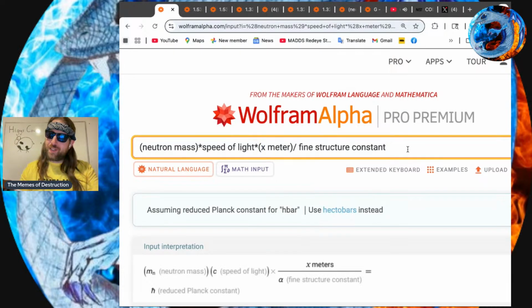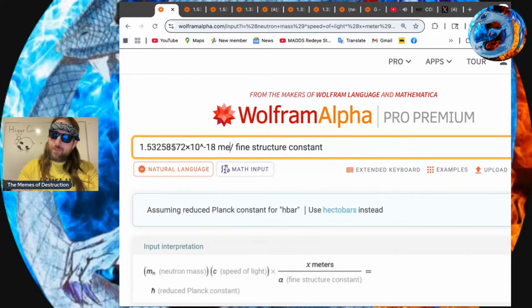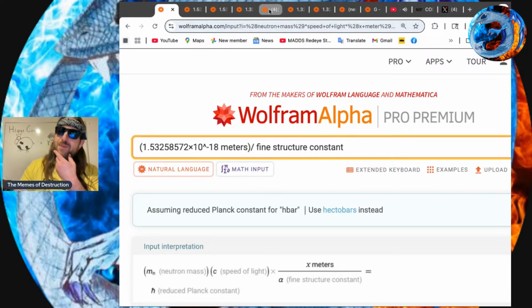Or what did we do? This is meters, because that was the unit we were solving for x for. Divide by the fine structure constant, and then what did we have there?